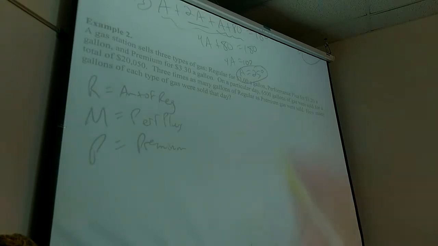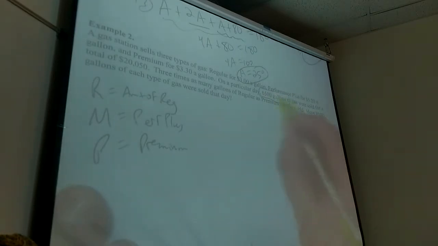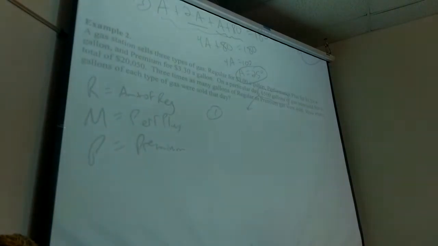So what's the first equation I can set up about this 6,500 gallons? How much regular gas did we sell? Does 6,500 gallons have anything to do with money? No. I'm not even there yet.